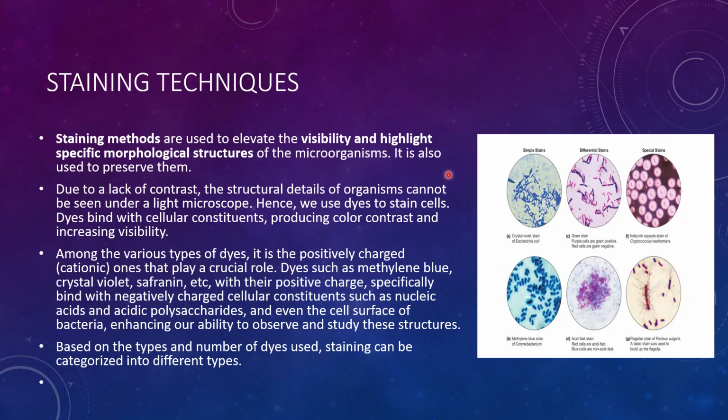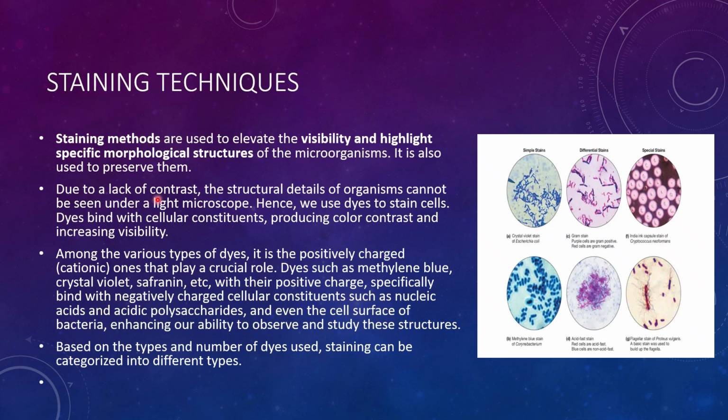Sometimes you cannot see some morphological structures very clearly, and only when you stain them can you see them clearly. You can also color them, mount them, and preserve them for a long period of time. For doing all such things we use staining techniques.